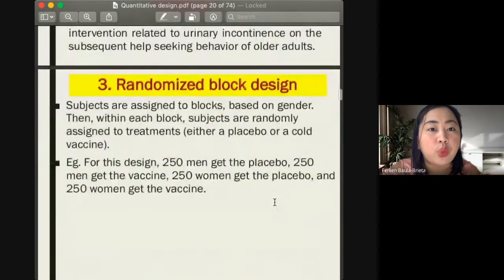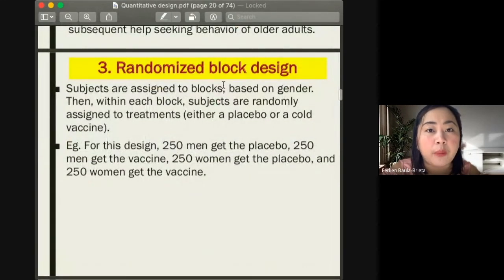For the third one, this is randomized block design. So subjects are assigned to blocks based on gender, for example. So then within each block, subjects are randomly assigned to treatment. Either it's a placebo or a vaccine.